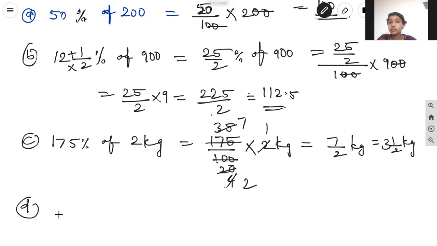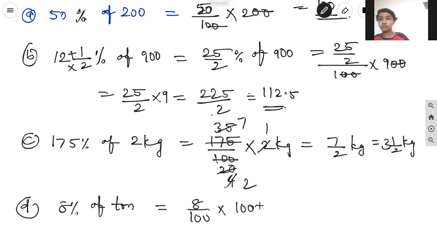And D, 8% of a ton. 1 ton is equal to how many? 1000 kilograms. 8 per 100 into 1000 kgs.